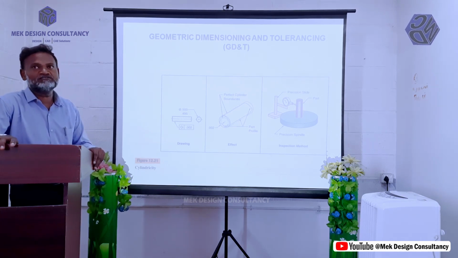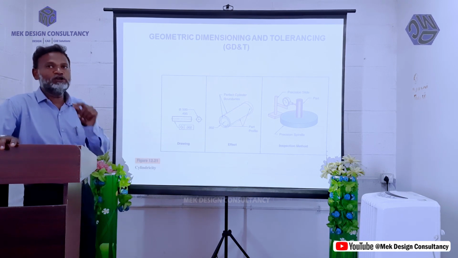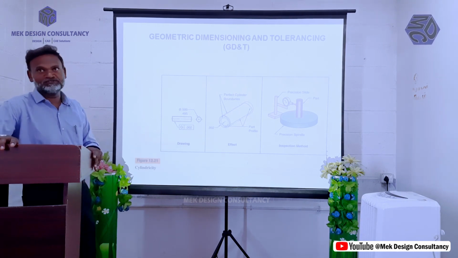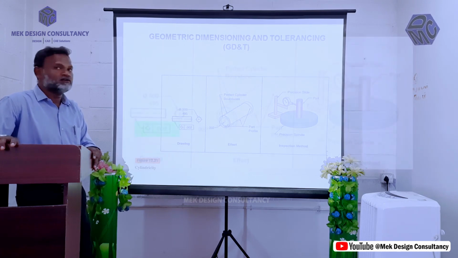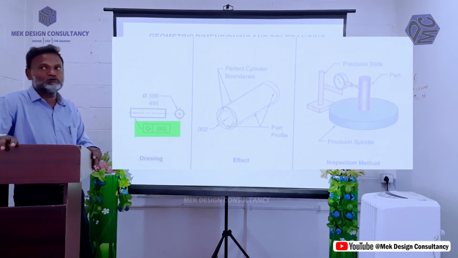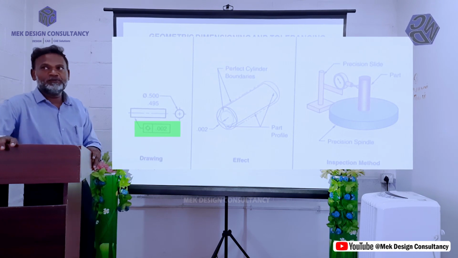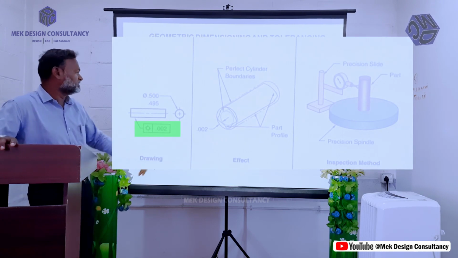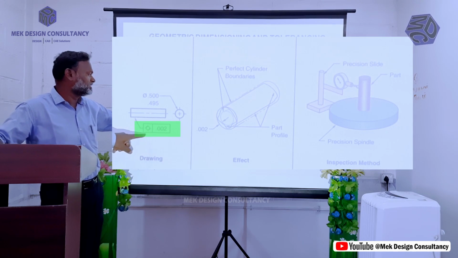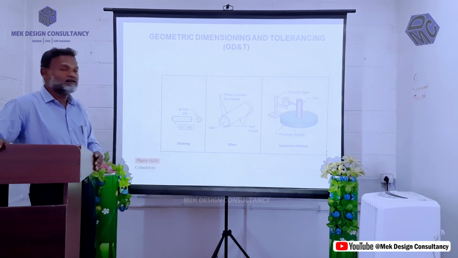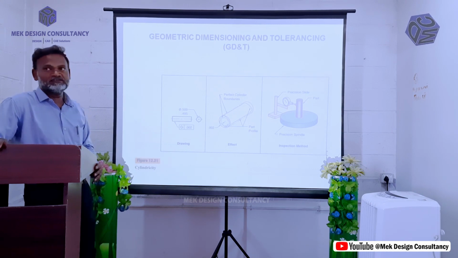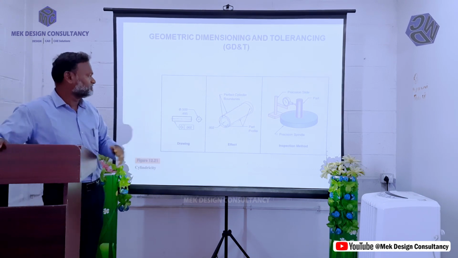These are the symbols used for circular components. There are many symbols, especially here we are using the circularity symbol for finding out the specific tolerance, and here the representation is circularity with the tolerance. So as per the tolerance specification with the GD&T symbol, we have to manufacture.